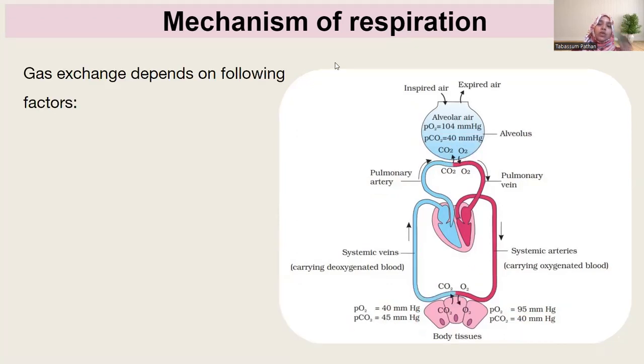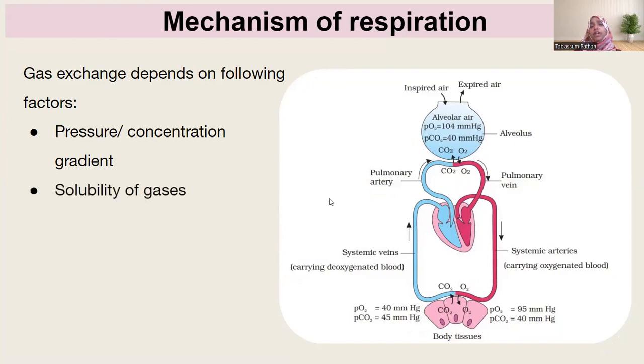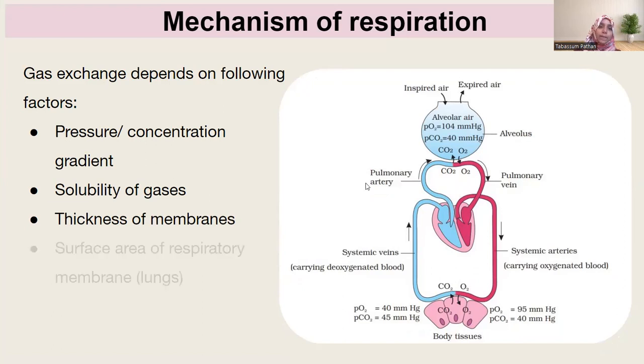So also there are other factors, like one factor that we discussed in detail is the pressure and the gradient concentration. That is what we have just discussed. Also the solubility of the gas, that is which gas is more soluble, oxygen or carbon dioxide. Then how thick is the membrane of the alveoli, that also determines how easily the gas can move from one compartment to another compartment.